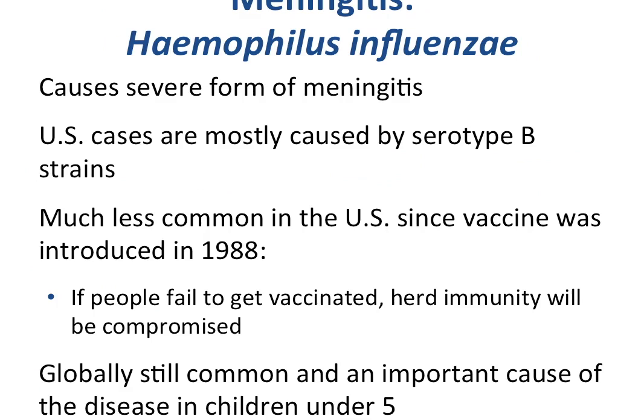Now let's talk about Haemophilus influenzae. It can cause a severe form of meningitis. In America, the serotype B strain caused the problem. Actually, in America this kind of case has declined because the vaccine has been widely introduced since 1988.